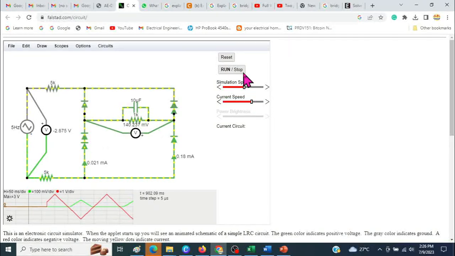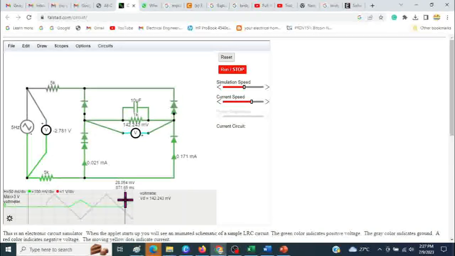And if we stop here, there is a slight difference from this point to this, and this took a little more time to rise because of the capacitor charging. The capacitor is taking time to charge. Run again.